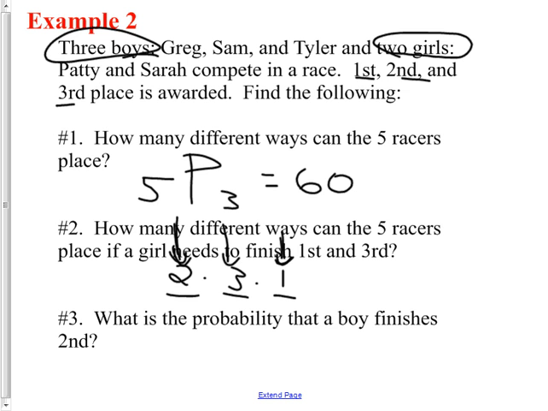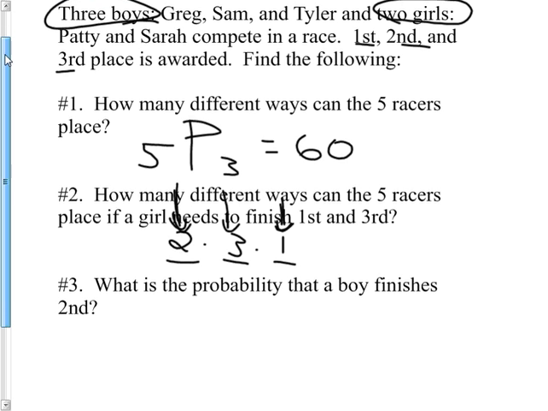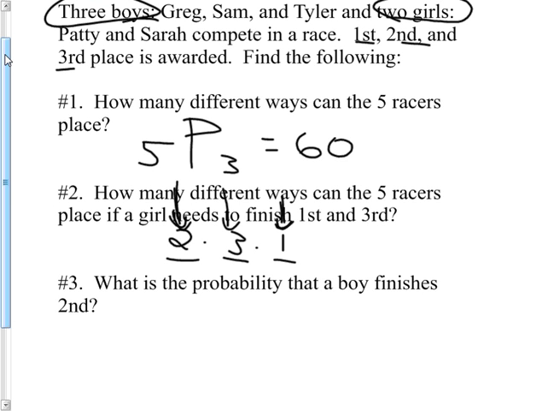This is the hard one. What's the probability that a boy finishes second? All right, probability. Probability is not how many total. It's what you want over what's possible. Well, what's possible is 60 different ways. There are 60 different ways that are possible.